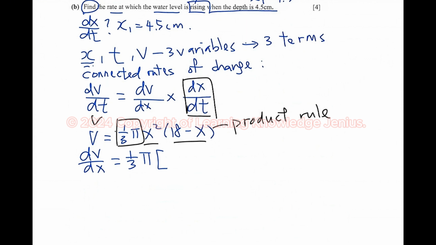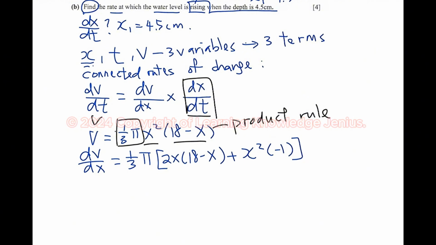The product rule: first term, the x squared, we differentiate it and keep the second term, plus you keep the first term and differentiate the second term. Differentiating the second term, because 18 is a constant, it becomes 0. Negative x becomes negative 1. This is how you do the differentiation.